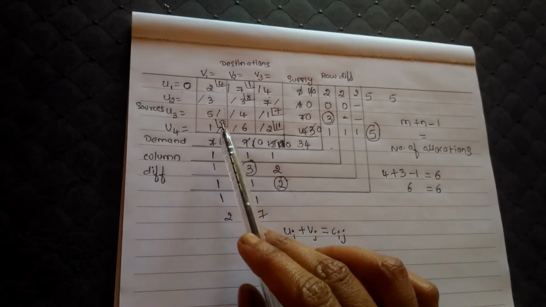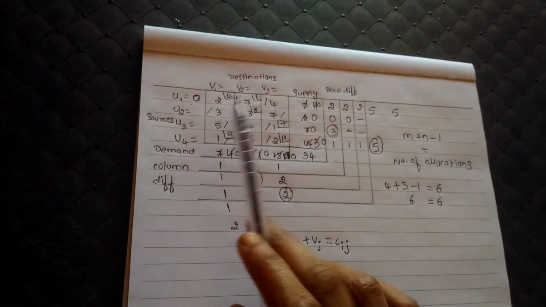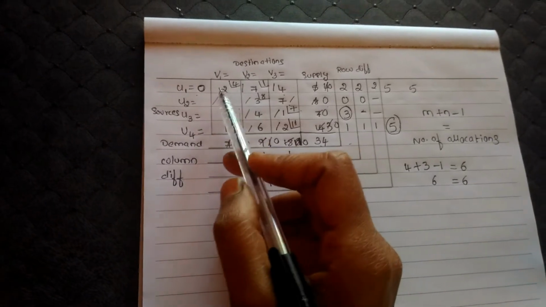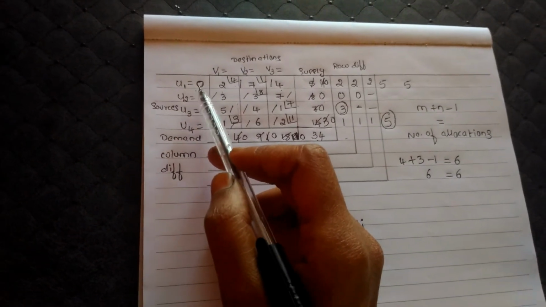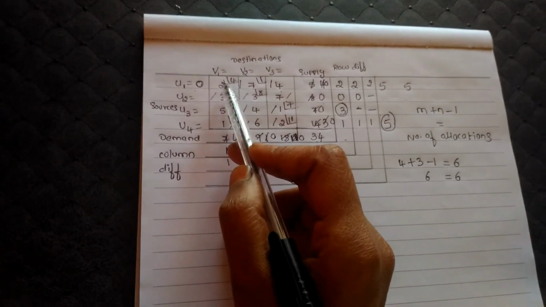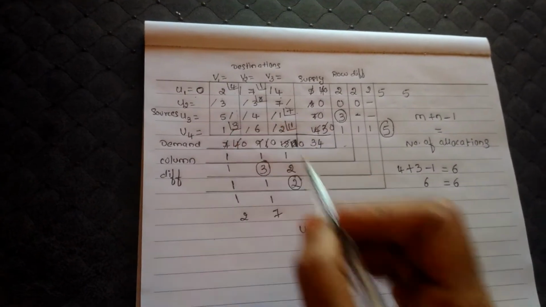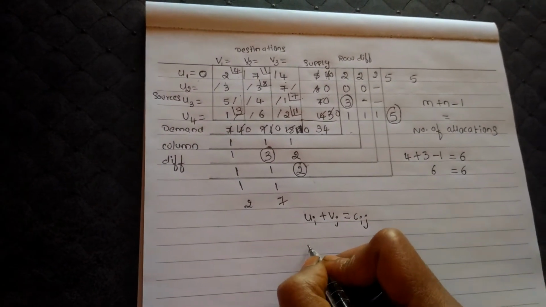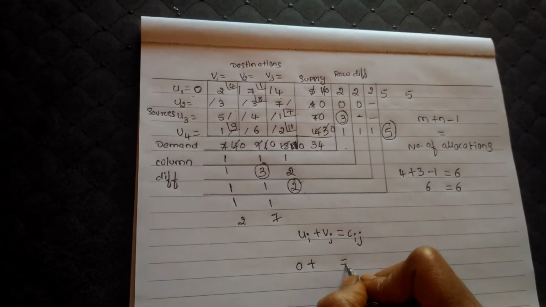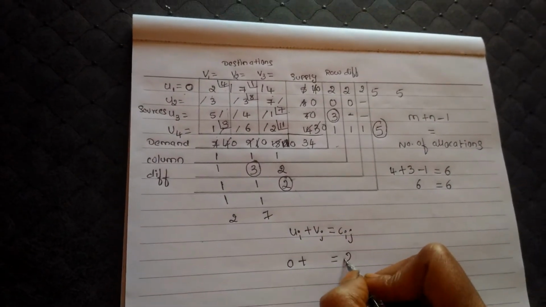Only amongst the allocated cells can you identify the values of U and V for that particular row and column. Since this is an allocated cell and U1 has been allocated 0, for C11, U1 plus V1 equals C11, where the value of U1 is 0, plus V1, which we don't know, and C11 is 2.